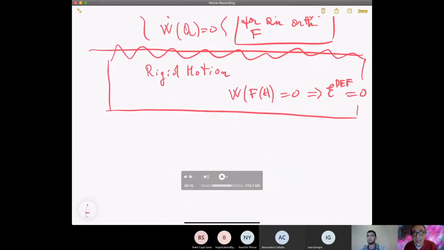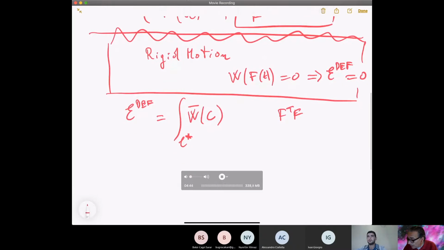We need to study how the deformation energy depends on F. In particular, we want to understand clearly that the deformation energy is given by this integral, where here you have C, so F transposed F, and so the particle we have written in this way this formula because it was simpler to make calculations with F, the gradient of the placement.